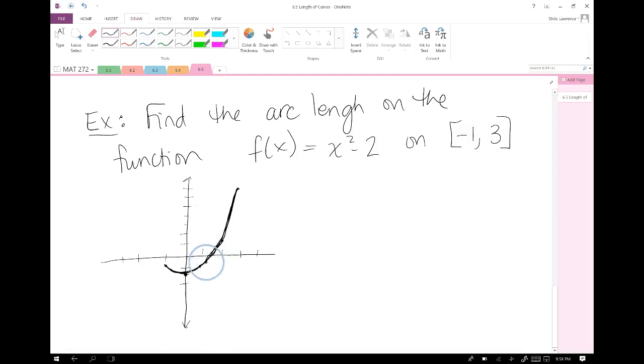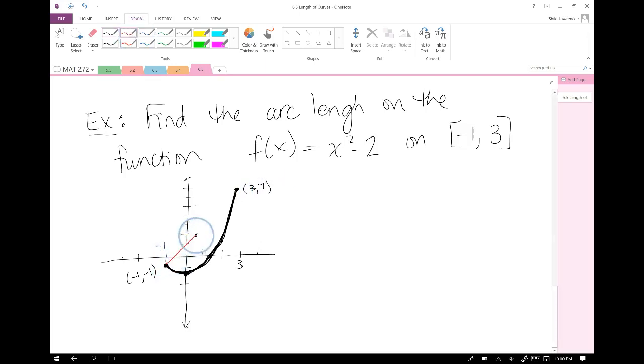We want to know how long this curve is, or this arc is. There's -1, and there is 3. So obviously we can't just do the straight line distance from (-1, -1) to (3, 7).